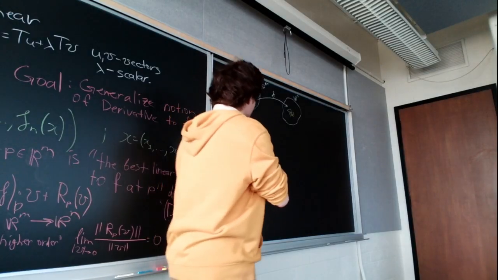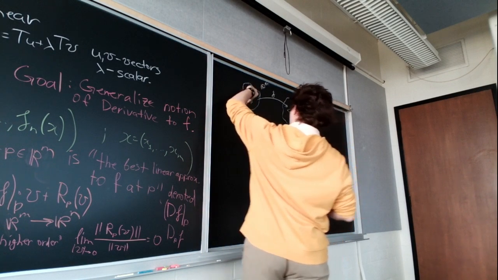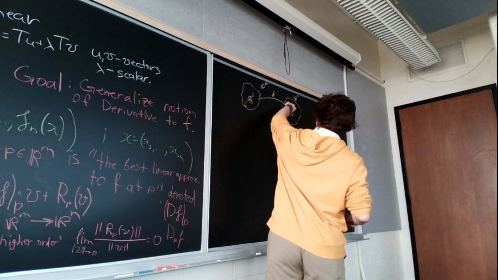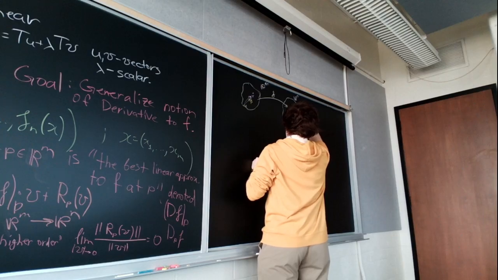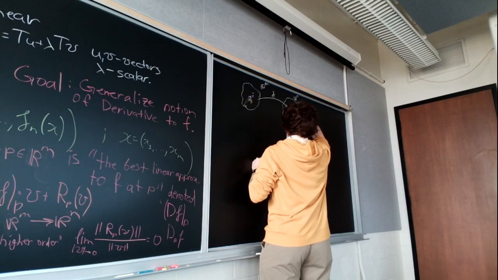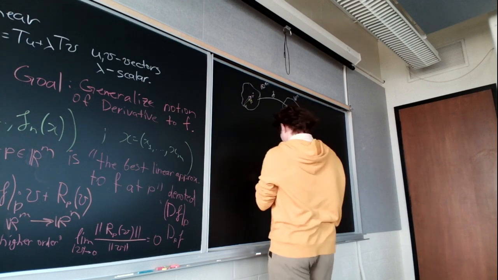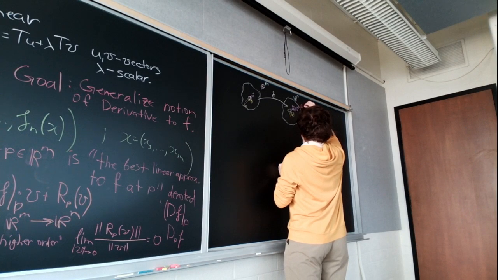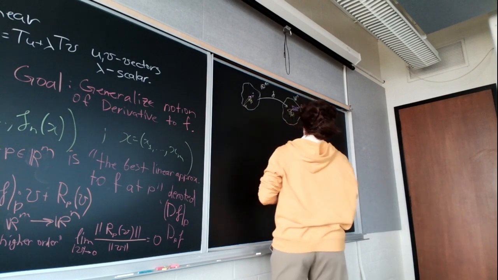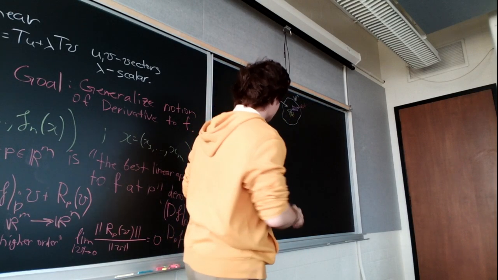So p gets mapped still to f of p, but then v gets deformed to df at p applied to v, plus some higher order term, whatever it is.